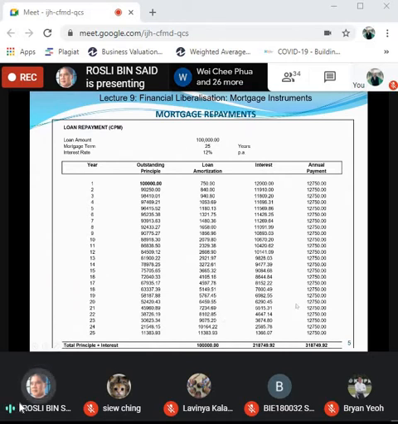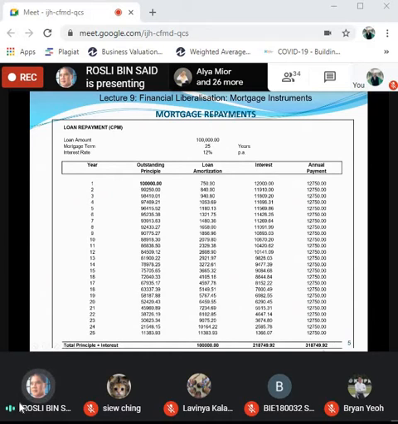Based on that, the annual payment is 12,750. So the total after we complete the last payment in year 25 is 318,749.92.